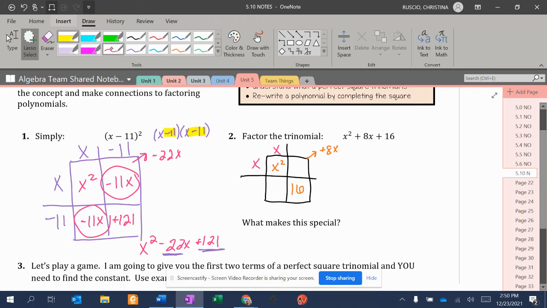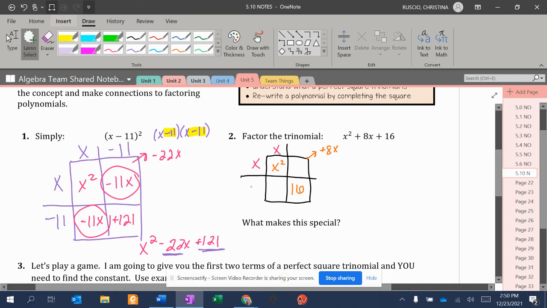So what times what will give us 16 but add to 8 and be the same number? If you said positive 4 and positive 4, you, my friends, are correct. So this factors to be x plus 4 all times x plus 4.